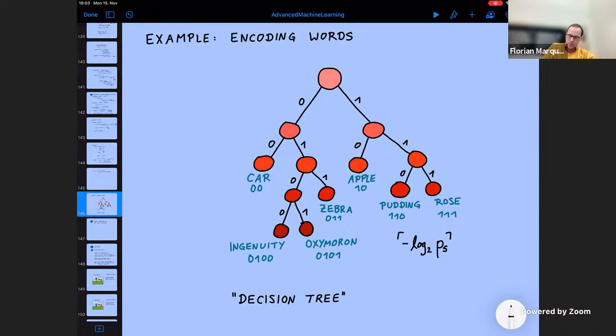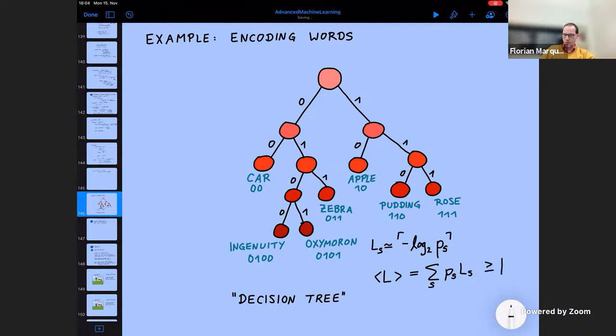And what he then showed is, so this was for a particular code, the Shannon code. What he then showed was that even if you take any arbitrary code and you take the average over all the code lengths weighted by the probabilities, so something like the sum over p_s l_s, then this is always greater or equal than some lower bound.